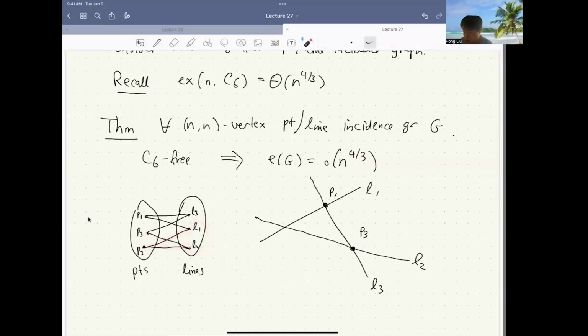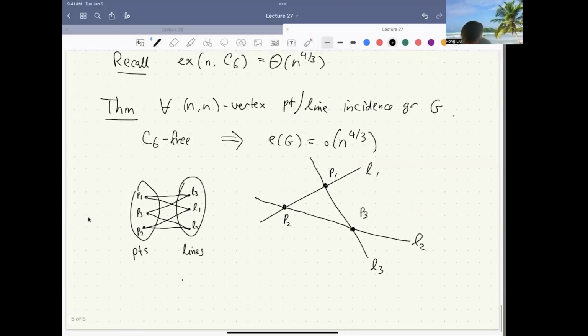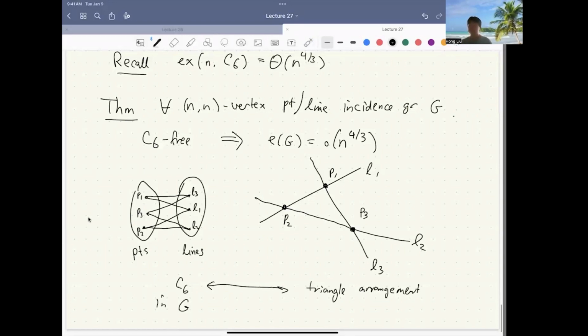So this is P2. So C6, in G, corresponds to this triangle arrangement. You have 3 lines, and 3 points in our point set that are the pairwise intersection points of these 3 lines.